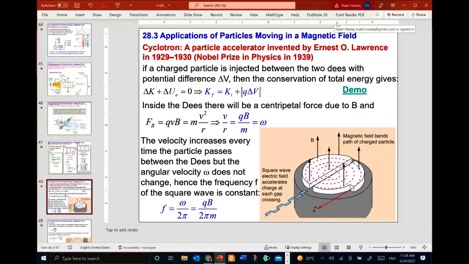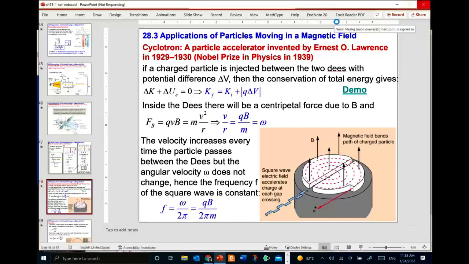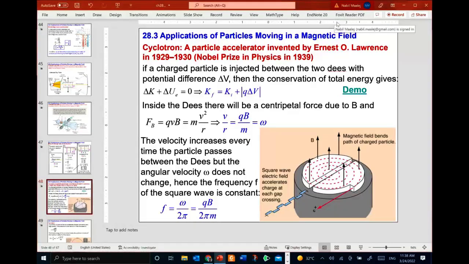So he said, what if we have an electric field that is switching back and forth, and we release a particle, so it sees an electric field, it gets accelerated. When it reaches inside the D, there is only a magnetic field, so it will move in a circular motion. It reaches here, you reverse the polarity of the electric field. It gets accelerated again, so it gains kinetic energy. Then it moves in a circular path.